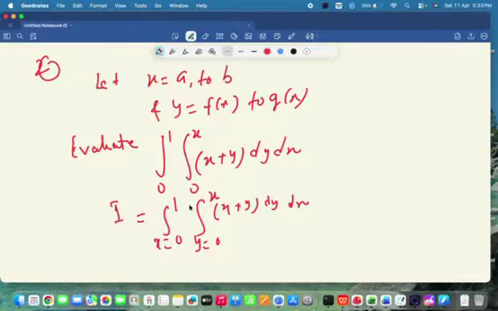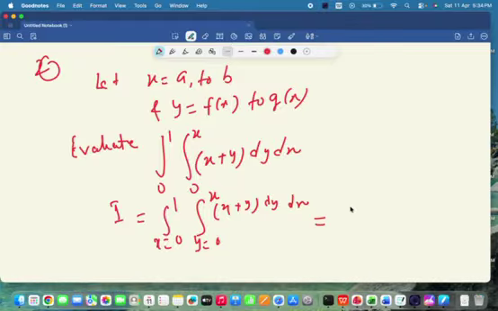We have to first solve the variable limit and then that constant limit. So here the variable limit is y, 0 to x, because y is the function of x. So it is in terms of the variable. So this is called the variable limit.